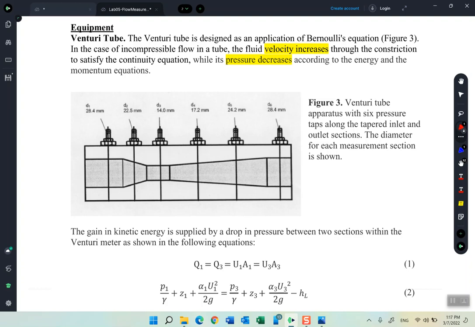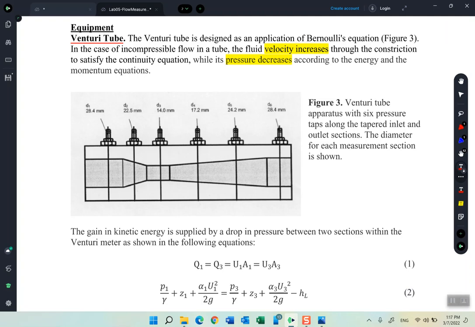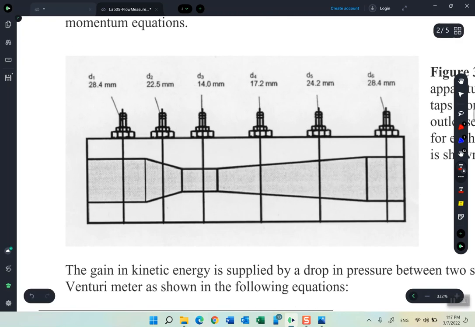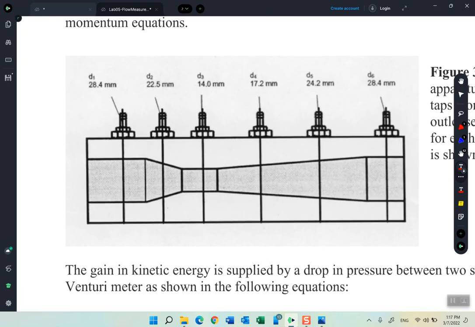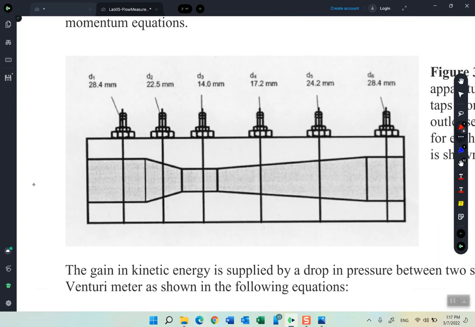So for the first experiment, we have the Venturi Tube. It is a very simple device. This device looks like this. In this orientation, the flow comes from left to right.